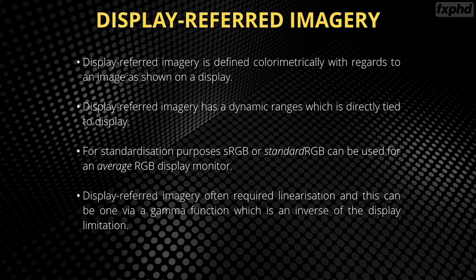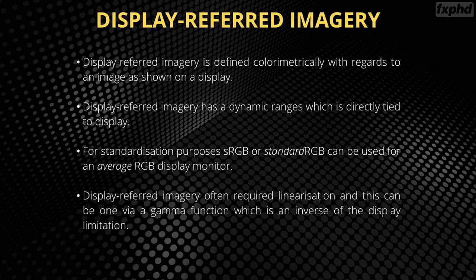So display referred imagery is defined colorimetrically with regards to an image as shown on a display. Display referred imagery has a dynamic range which is directly tied to the display, so you get the best look of the image based on the display that you're viewing it on.